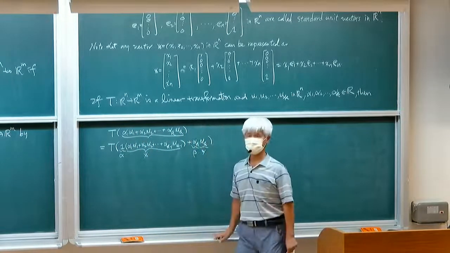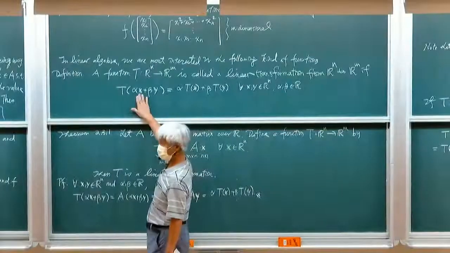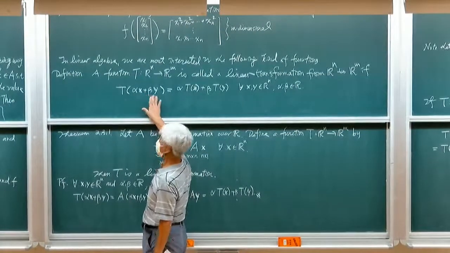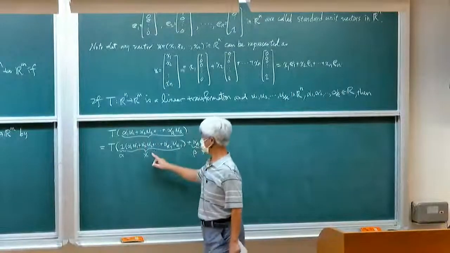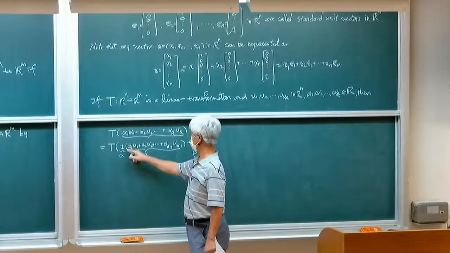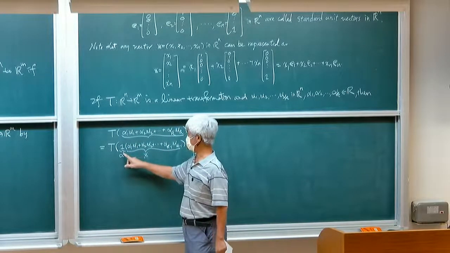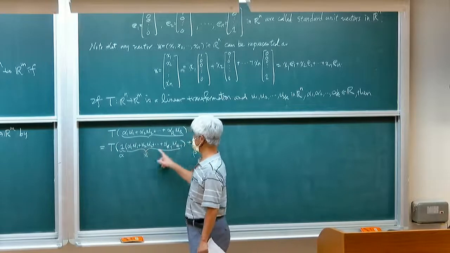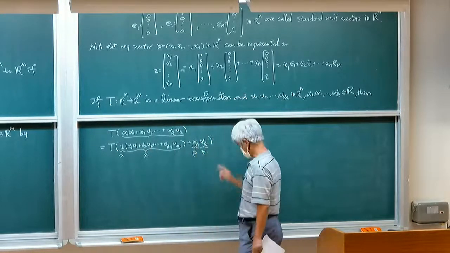Just like here, alpha x plus beta y, right? So one is alpha, and this linear combination is a vector called x, and this is beta, this is y.